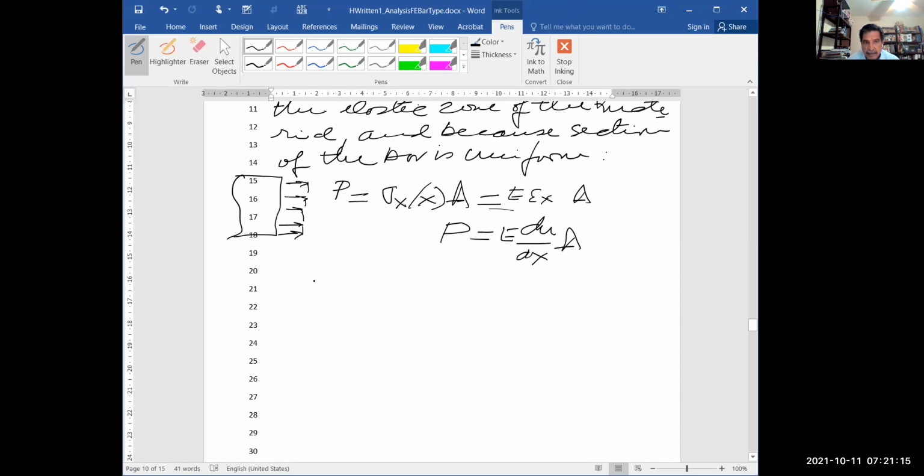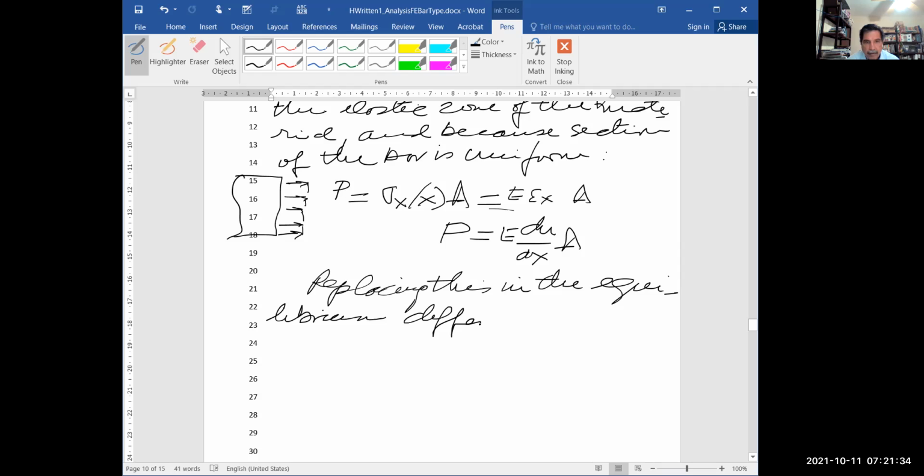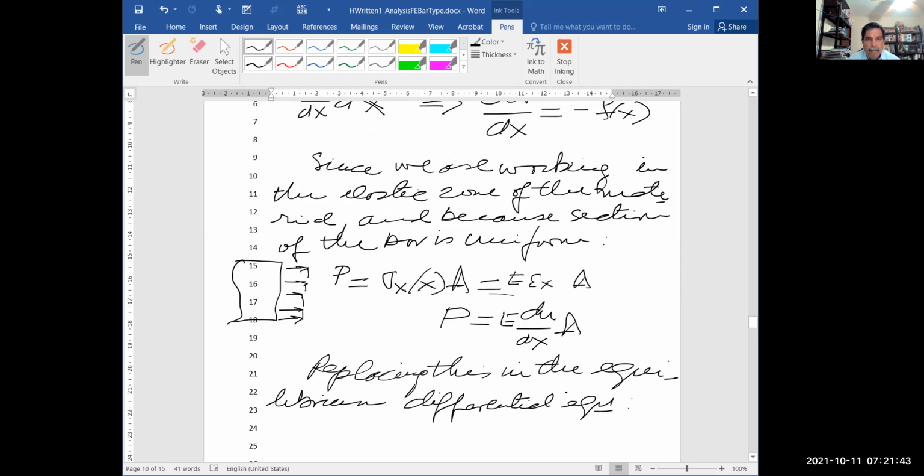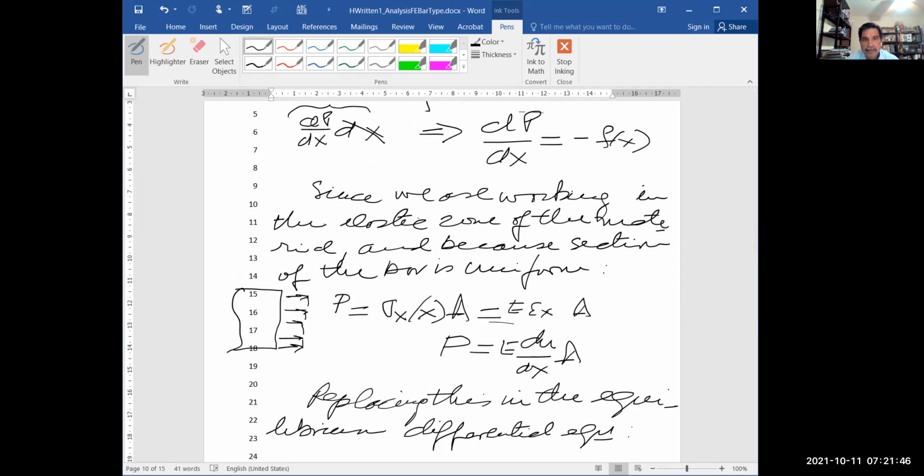So we can say that replacing this in the equilibrium differential equation, we put this into here instead of P. So we're going to have the derivative with respect to x, but E is constant, A is constant, so you are going to have the second derivative of that.